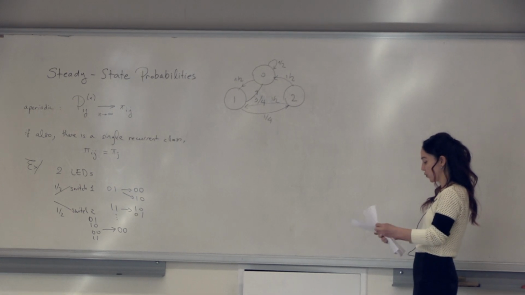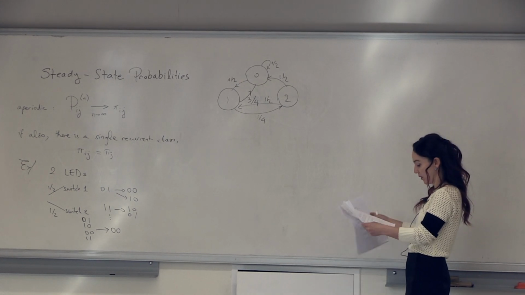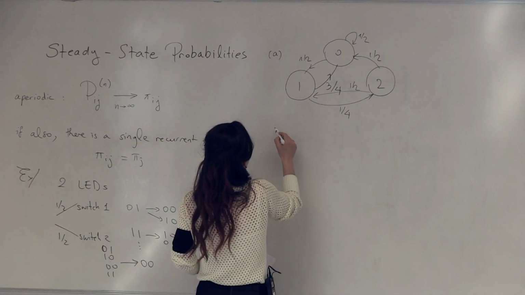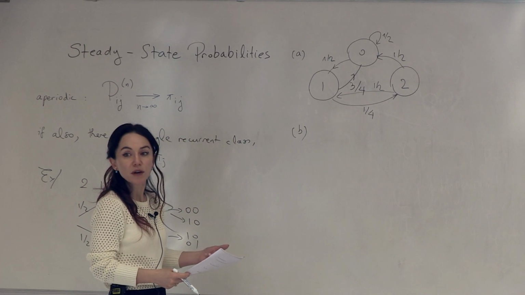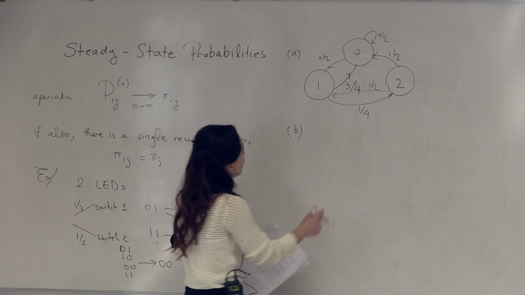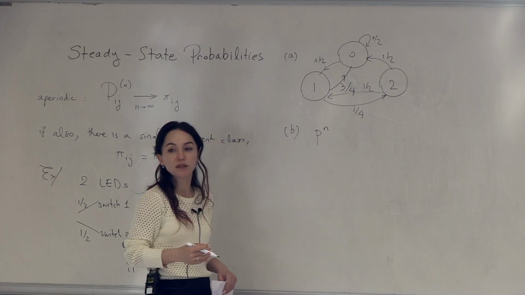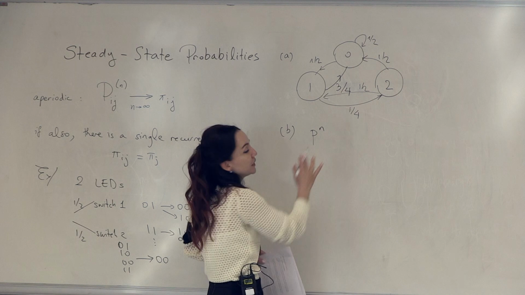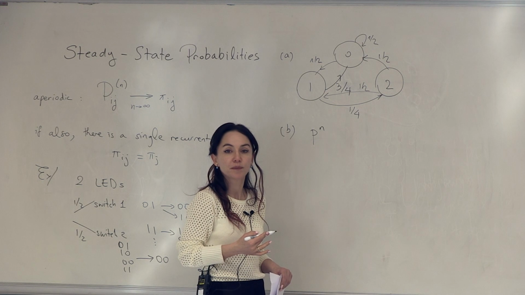Now, this was part A. In part B, the question says, think about the n-step transition probabilities. What do you think will happen to the n-step transition probabilities, the P to the n matrix in this example? There's a single recurrent class, and it is aperiodic. How do we know it is aperiodic?